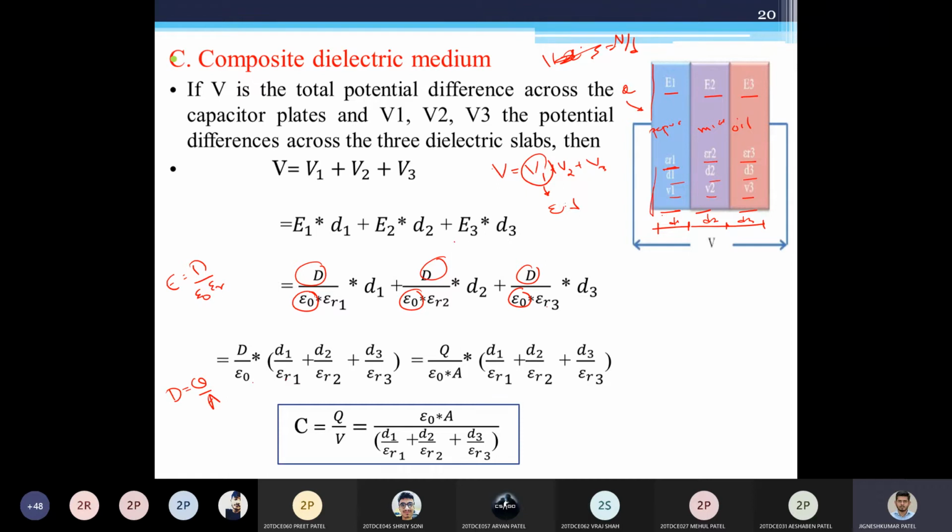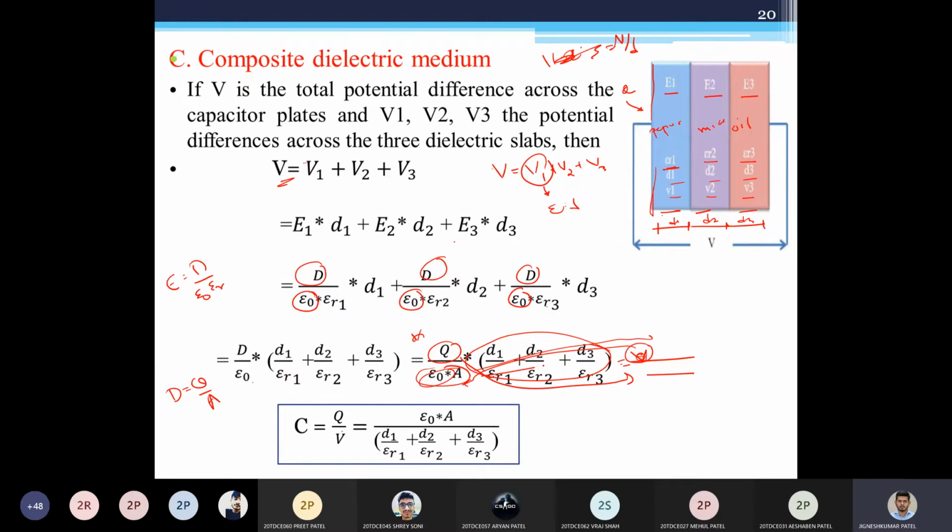So D is equal to Q by A. Once I put that in, V equals Q upon epsilon 0 A into d1 upon epsilon R1 plus d2 upon epsilon R2 plus d3 upon epsilon R3, and this is nothing but V. So I can write that this is equal to V. Now I want Q by V, not V by Q. The V will come on this side, and I take epsilon 0 A above, and this whole term in the denominator. So I get Q by V.